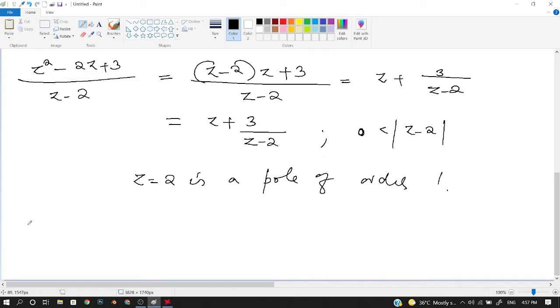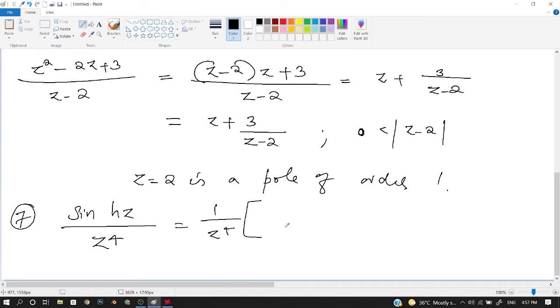Now another example, sin hz divided by z raised to 4. This is 1 by z raised to 4 into z plus z raised to 3 by 3 factorial plus z raised to 5 by 5 factorial plus etc. Now you can take this 1 by z raised to 4 inside the bracket.